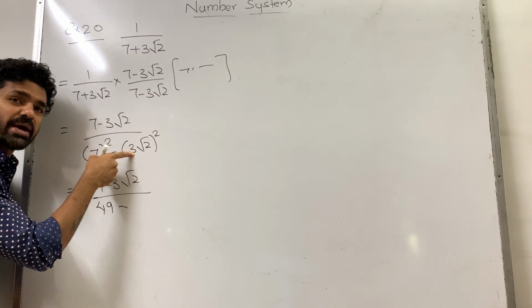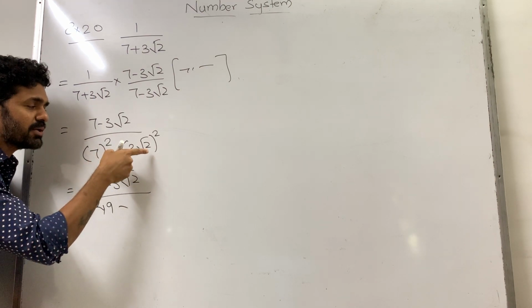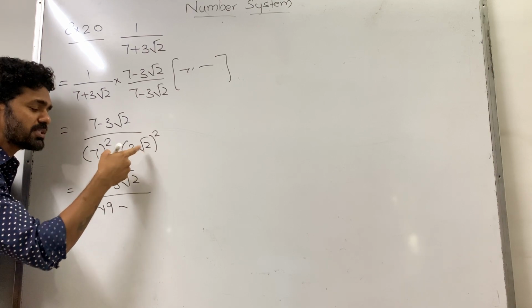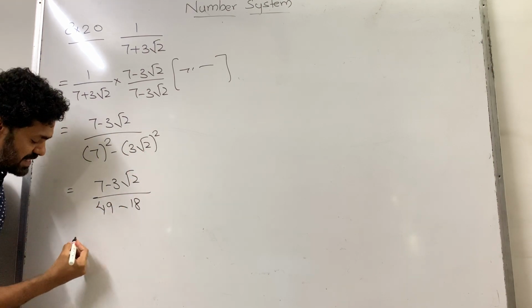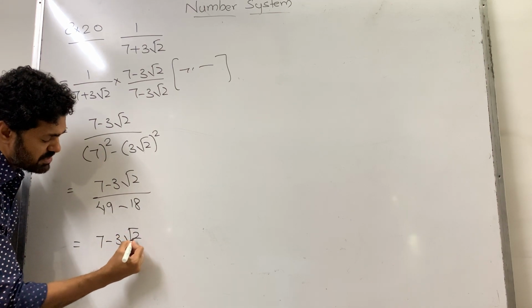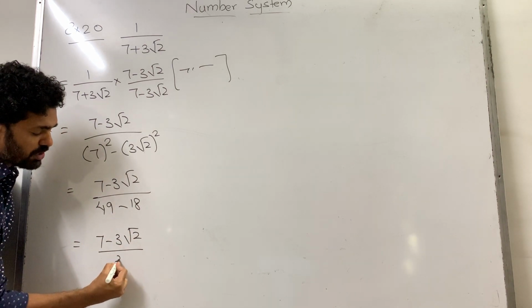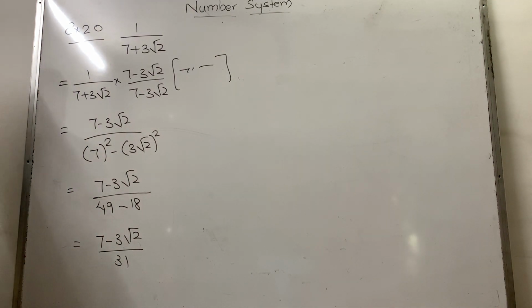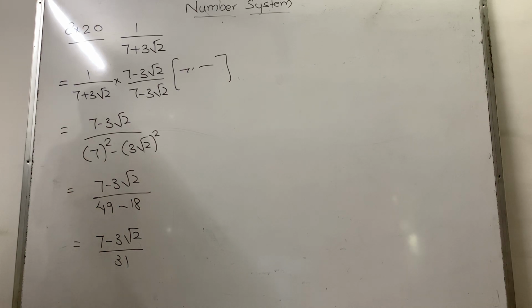What is 3 square? 3 square is 9. What is root 2 square? Root 2 square is 2. What is 9 into 2? 18. The last step, this is 7 minus 3 root 2 and 49 minus 18 is 31. That is where you make the denominator rational.